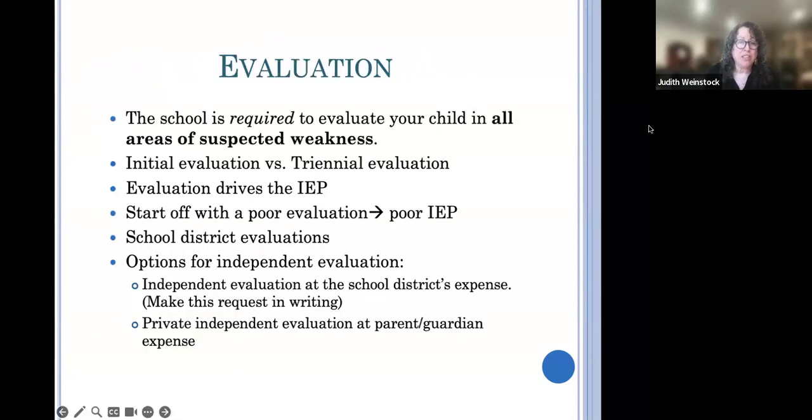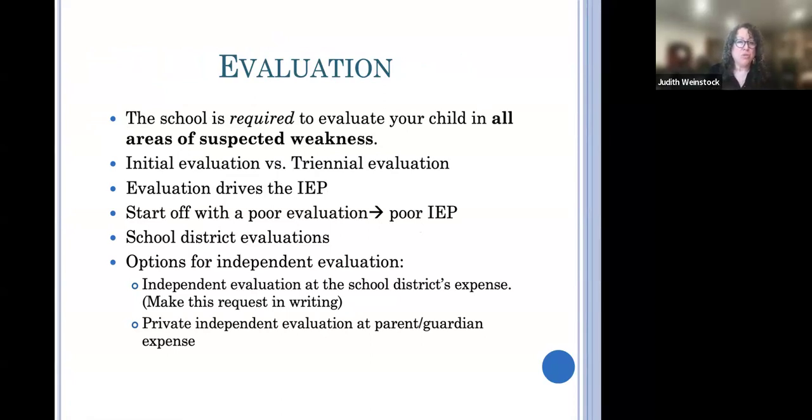You probably all are pretty familiar with this. What's really important is that the school, under this statute, is required to evaluate children in all areas of suspected weakness. They're actually obligated under the statute with what's called a child find obligation.